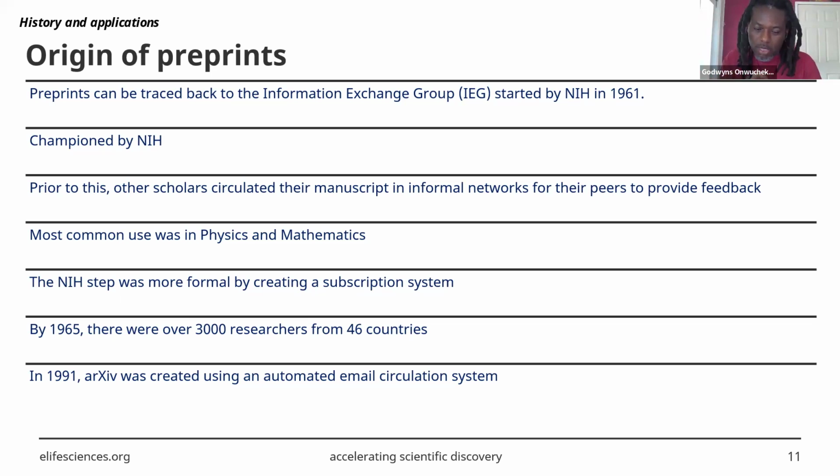With preprints, you complete your manuscript, and instead of submitting it to a journal, which you can do, there are now two options. Although I say options, they are options that you can use together. You can both submit it to a journal and also post it on a preprint server. You can do both at the same time.